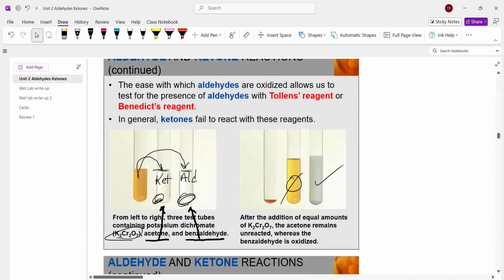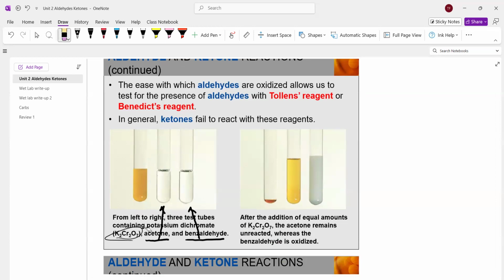Okay, so let me clear this here. Okay, so what we have here is a test tube with acetone in it, a ketone. And we have benzaldehyde, which is an aldehyde.